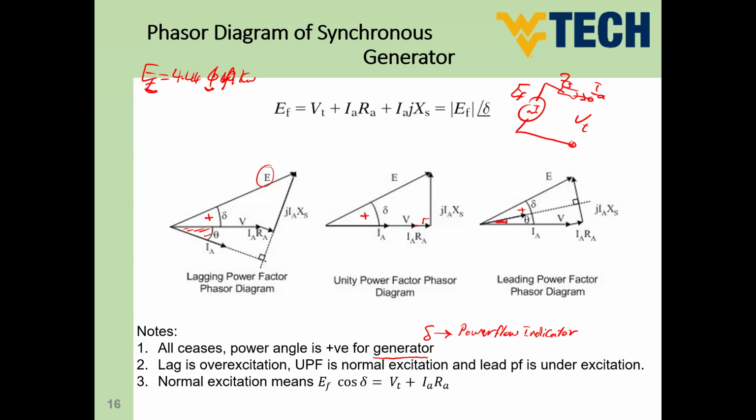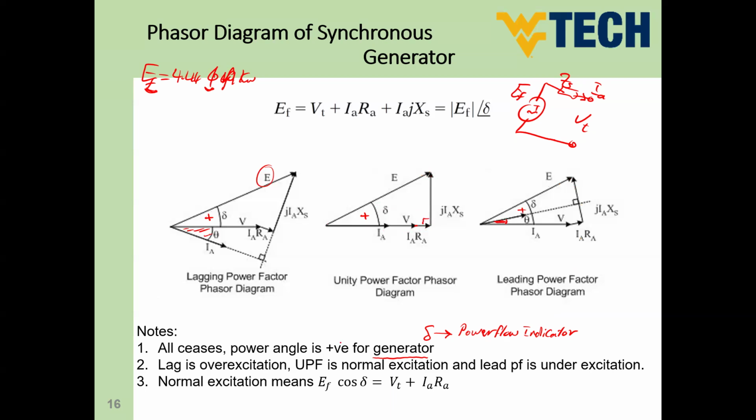One more thing is normal excitation. What is the meaning of normal excitation? Normal excitation means EF cosine delta equals VT plus IARA. So this is EF, and this is going to be clear in unity power factor. If we say EF cosine delta, this is going to be this vector, correct? And this vector is nothing but VT plus IARA.